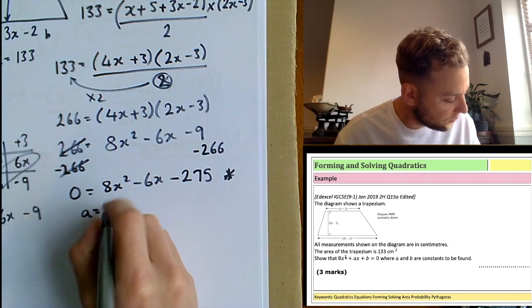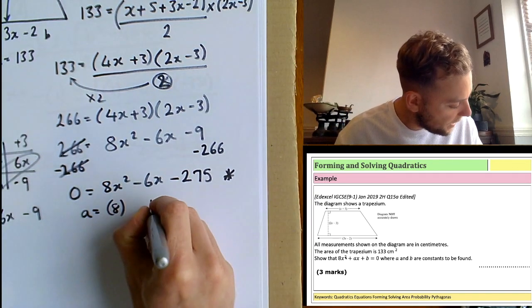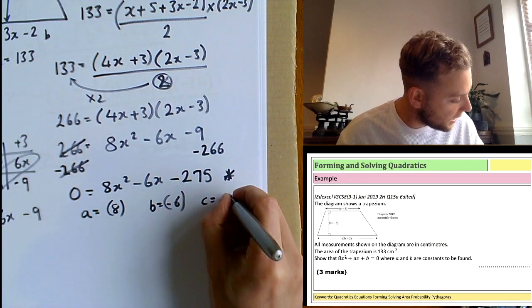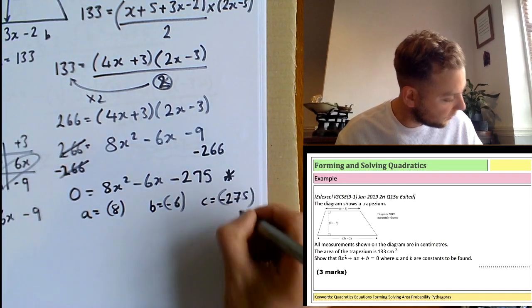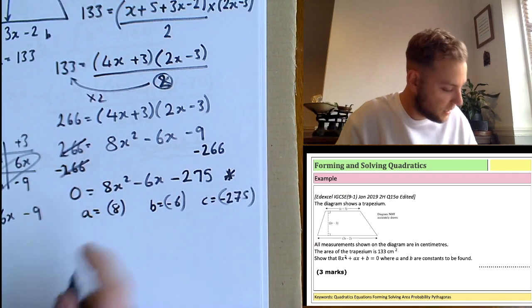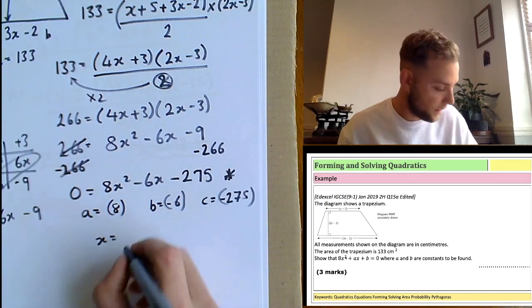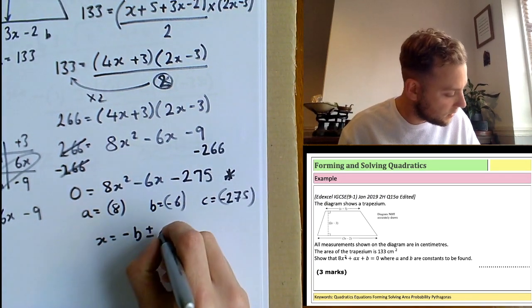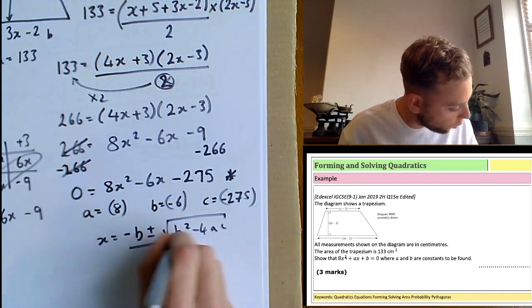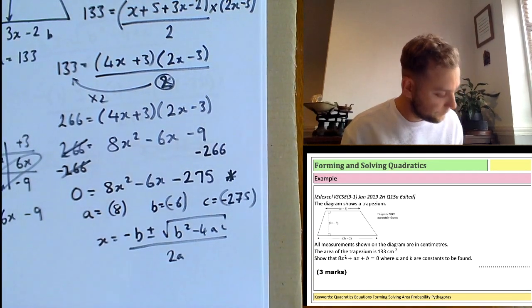So A is equal to 8, B is equal to minus 6, and C is equal to minus 275, like so. I'm going to solve this using the quadratic formula, which is X is equal to minus B plus or minus the square root of B squared minus 4AC all over 2A.